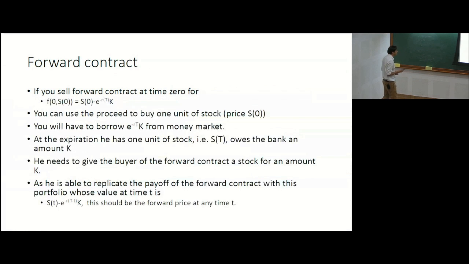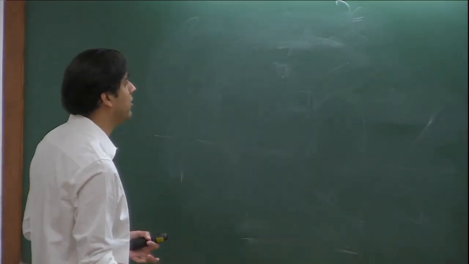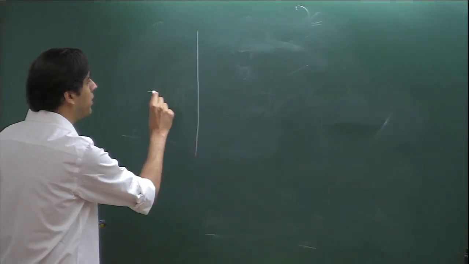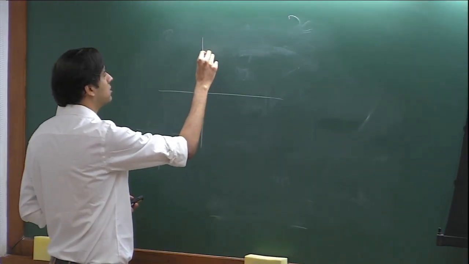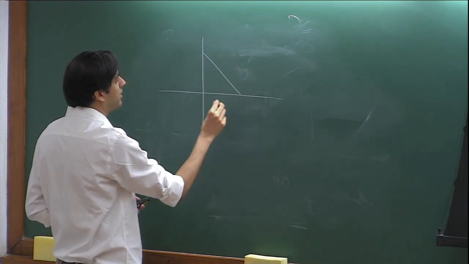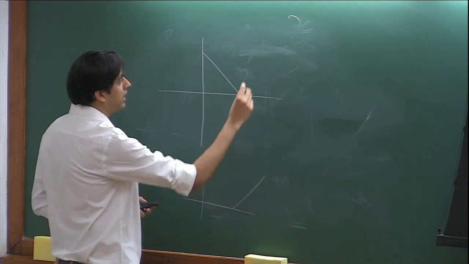Now, this argument can be used to find the value of a put option, and the reasoning behind it is quite straightforward. How would the payoff look if you buy one call option and you sell one put option? The put option has a payoff which looks like this, and the call option has a payoff which looks like this.